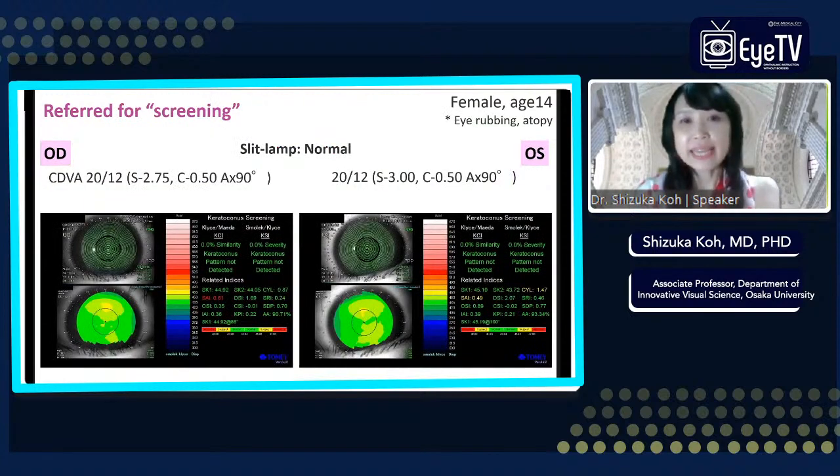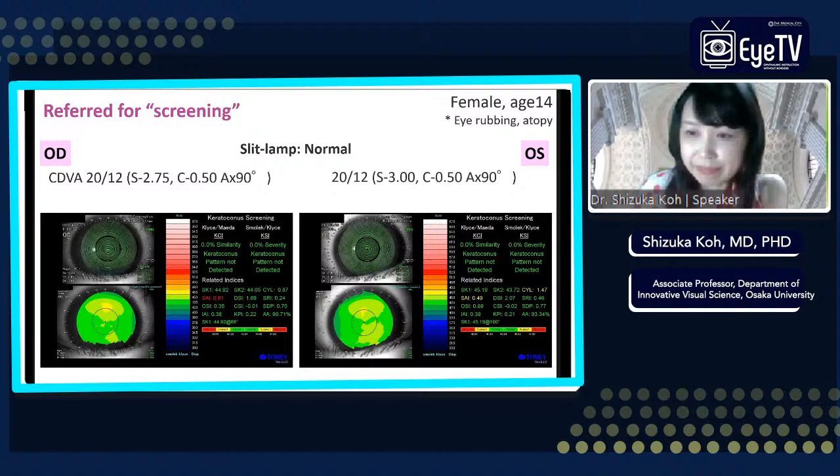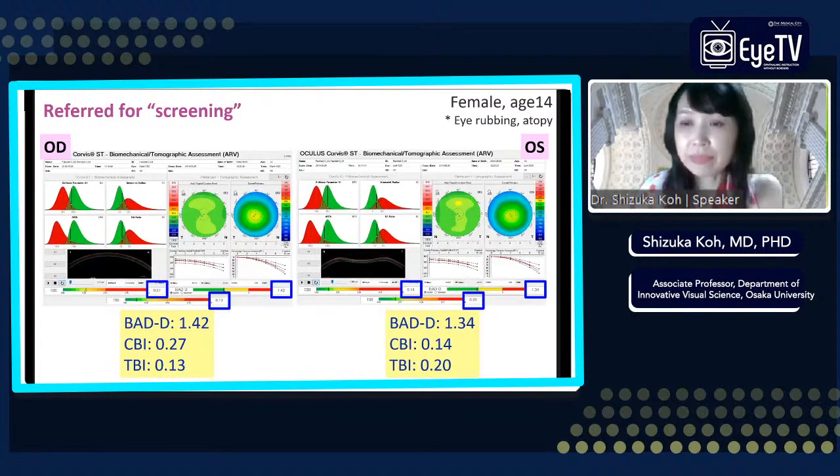So this is the case of a 14-year-old female. She reported eye rubbing. No abnormality was detected in both eyes based on the Placido topography. So these are the ARV displays, BAD, CBI, and TBI, all the values look normal.